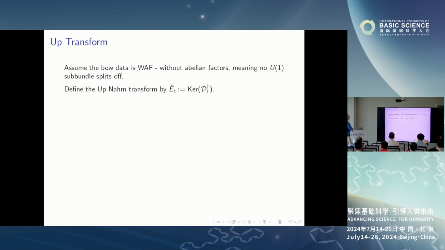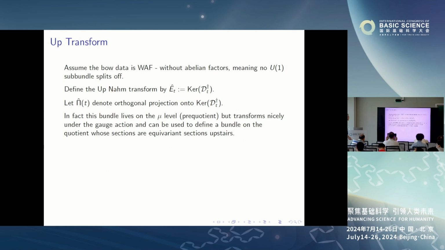So under the hypothesis that we have no abelian factors, we'll define a Nahm transform going in the other direction. Now I'm going to work with the bow, looking at Dirac operators on the bow, not Dirac operators on Taub-NUT. And we'll let pi hat denote orthogonal projection onto the kernel of the Dirac operator of the bow. Remember, that's just an ODE now.